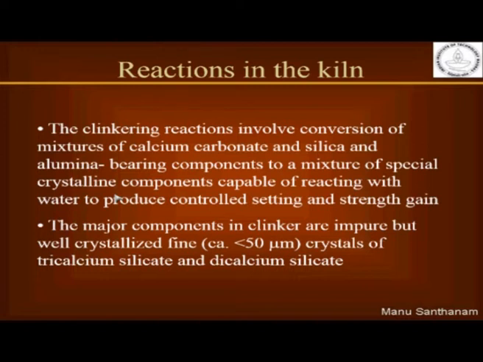Okay. The majority of the reaction ends up producing impure but well crystallized fine crystals of tricalcium silicate, that is C3S, and dicalcium silicate, that is C2S, as we talked about previously. Okay. So, you are still producing crystalline components, but these are fine crystals of size less than 50 micrometers.